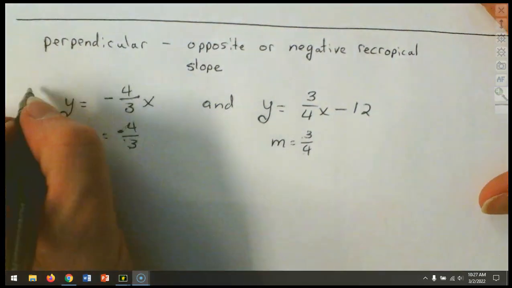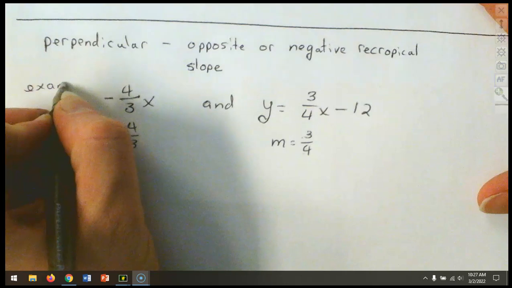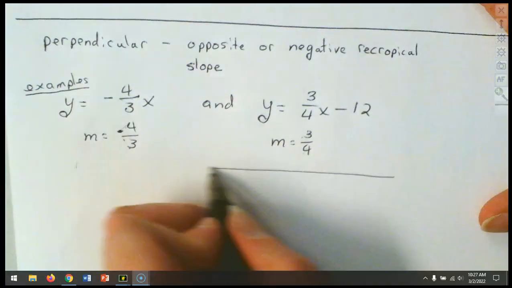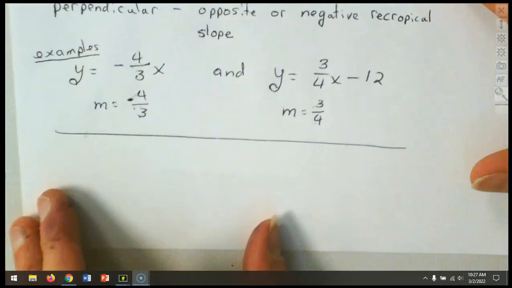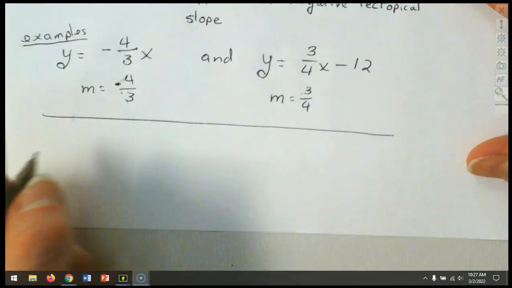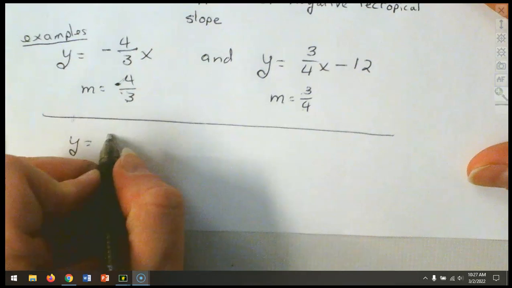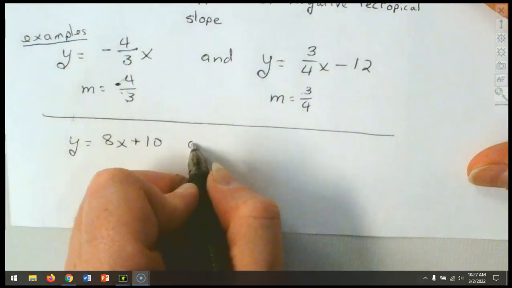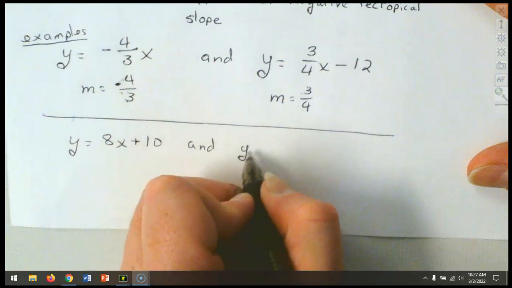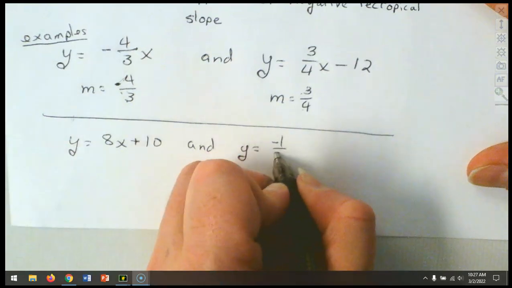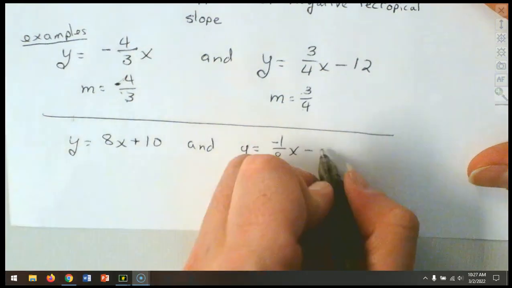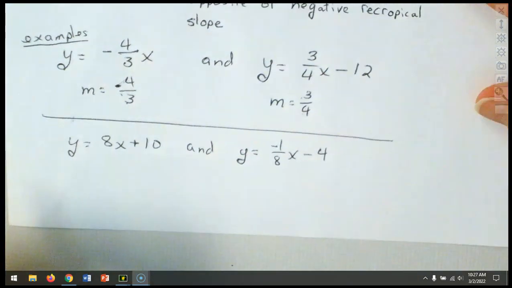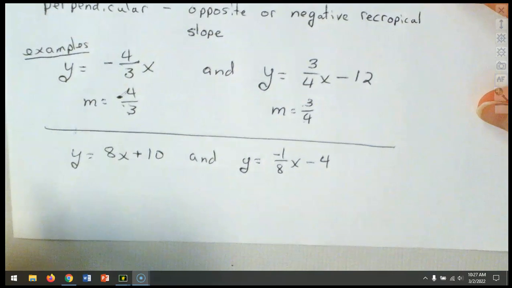Here's another example. How about y equals 8x plus 10 and y equals a negative 1/8 x minus 4. They would be perpendicular. Again, why?